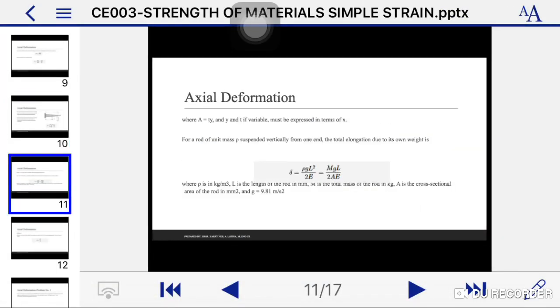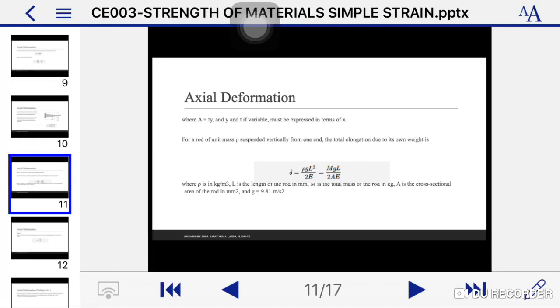Then next, where area is equivalent to t times y, and y in t if variable must be expressed in terms of x. Then next, for a rod of unit mass rho suspended vertically from one end, the total elongation due to its own weight is equivalent to rho times g times L squared divided by 2E.